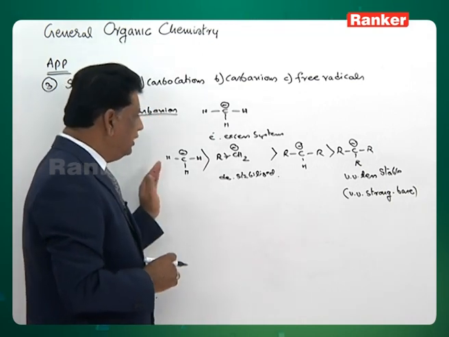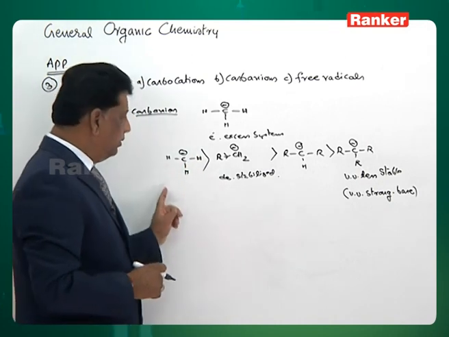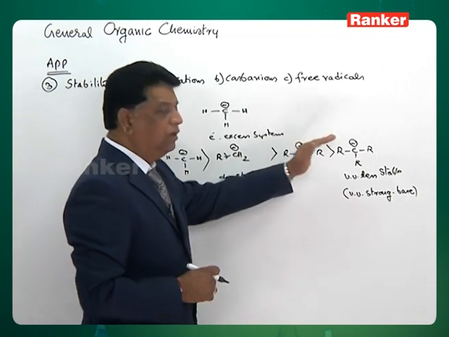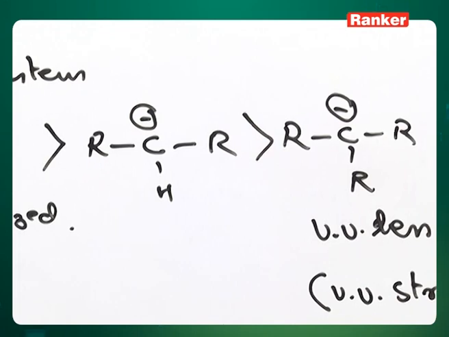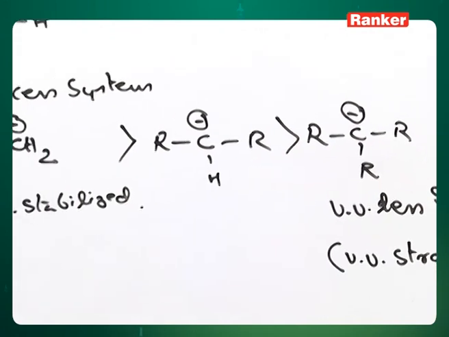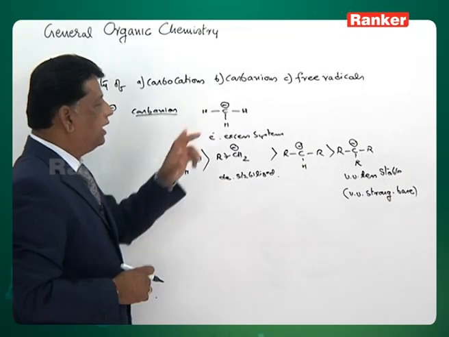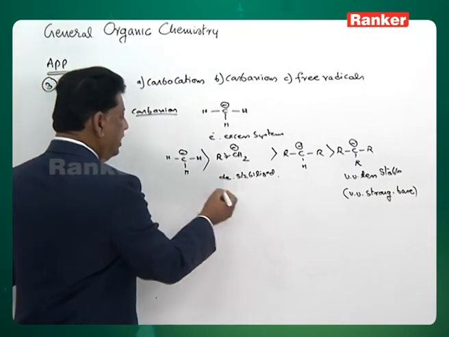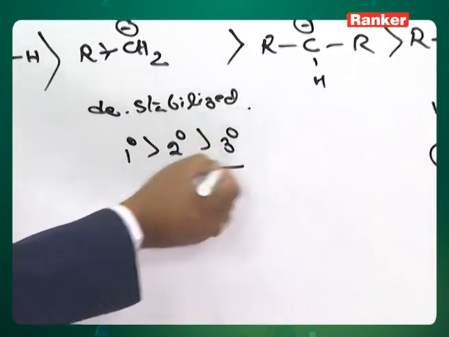However, if you compare stability, a carbanion without alkyl group is more stable, one alkyl group less stable, two alkyl groups much less stable, and three alkyls much more less stable. So it is reverse to the carbocation. In fact, carbocation is 3 degree, 2 degree, 1 degree. For carbanion, 1 degree is more stable. Stability order, if you see, 1 degree is more stable than 2 degree, than 3 degree.